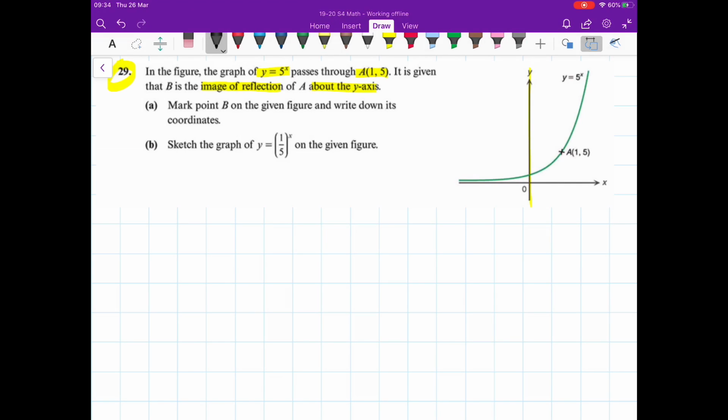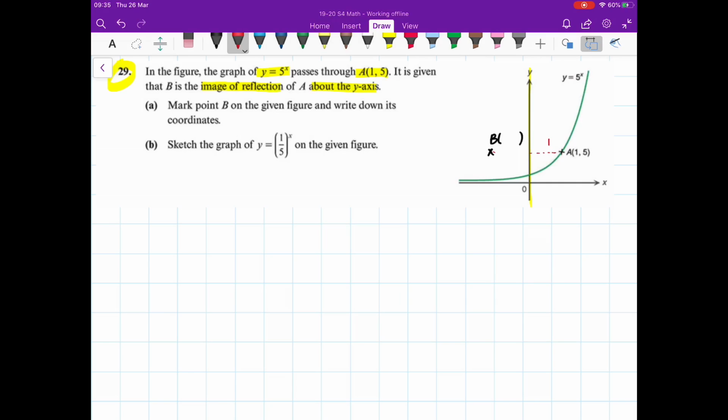First, we have to point out B on the graph. It will be here. Then we have to write down its coordinates. That means we first identify the distance between point A and the y-axis. According to its coordinates, the distance is 1.